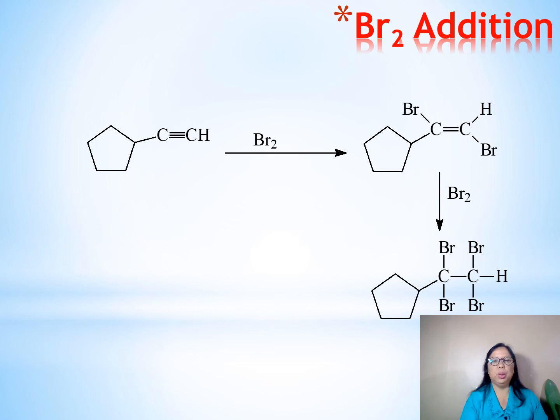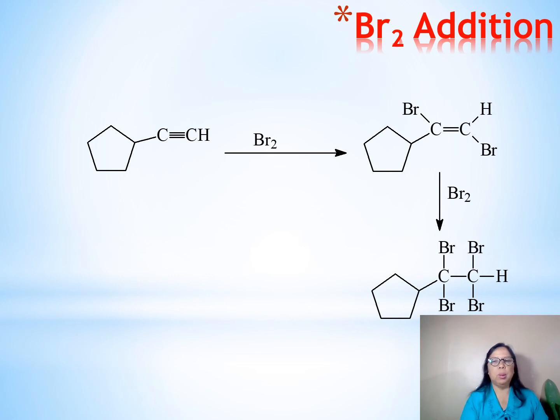So as a shortcut, you make the single bond, and for the first reaction, you have Br and you have Br, making it double bond. Now this double bond, you add again Br2.